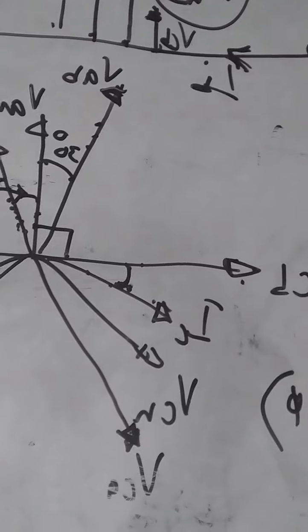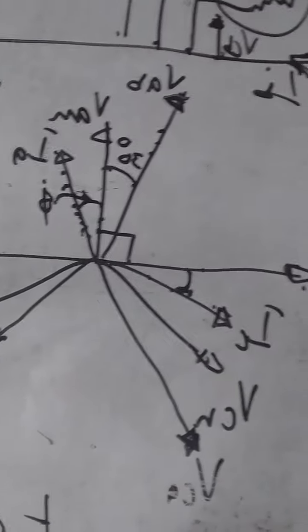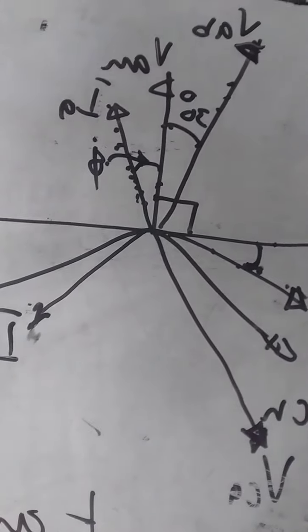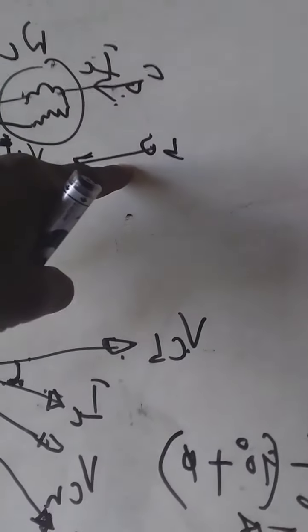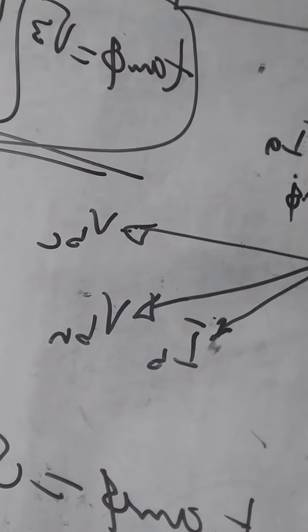If you have it only on C and A, I've already determined that. If you have it on A and B, there's none on C, you are going to have tan phi is equal to root 3 into WA minus WB over WA plus WB.